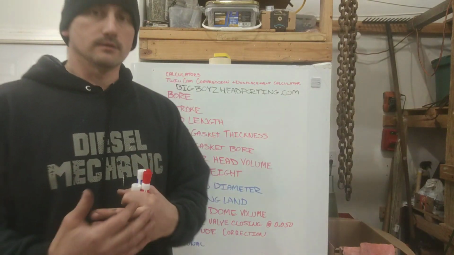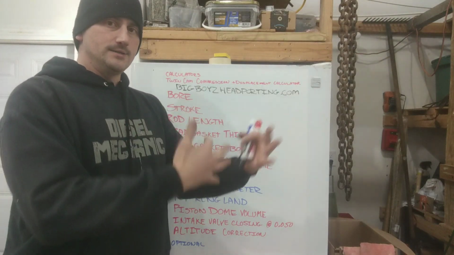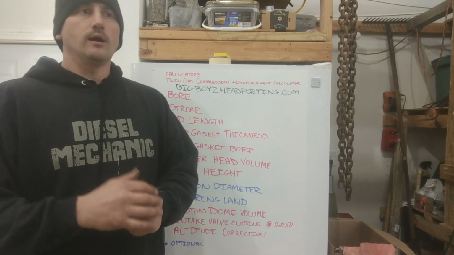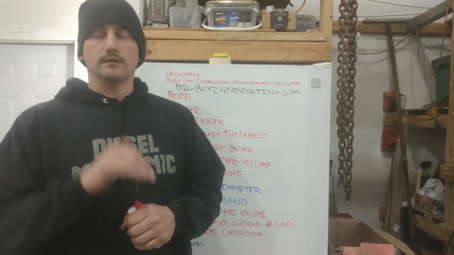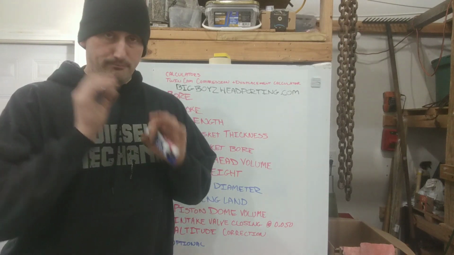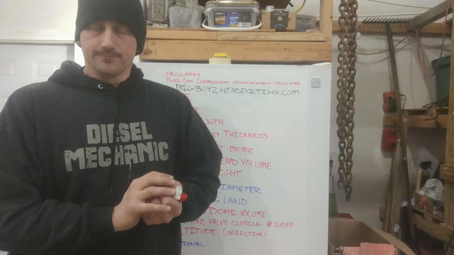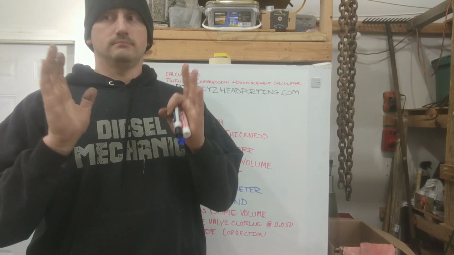The calculator that I'm about to tell you is not for V8 engines, okay? So why do I use it? Well, it is the most specific one out there. You can plug in your information and it'll spit out the number and it'll be within 5 psi, okay?